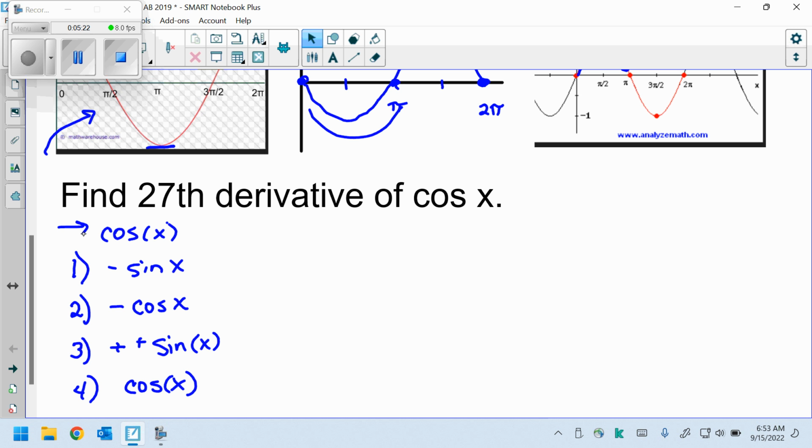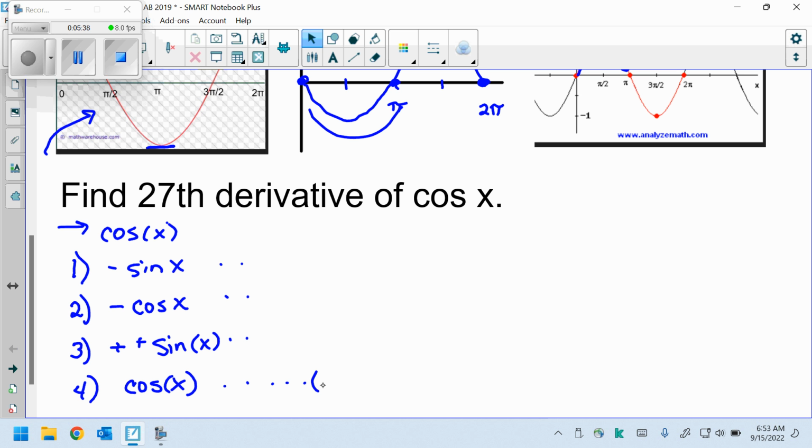So the derivative of cosine would be sine, so this would be the 5th, 6th, 7th, 8th, 9th, 10th, 11th, 12th. And if we kept going, this would be every multiple of 4 down here.